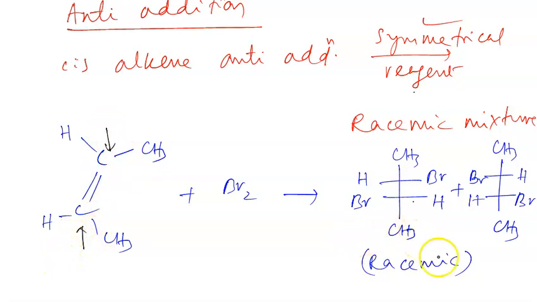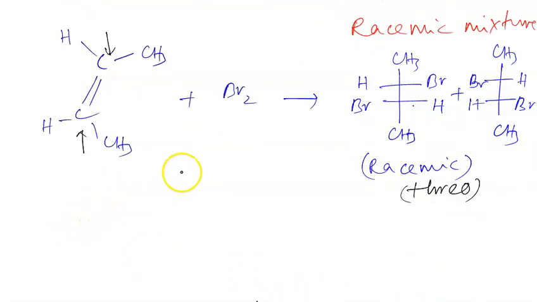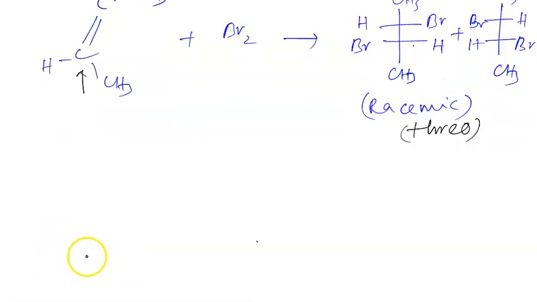So here this is also known as what? Threo isomer, because two hydrogen atoms are on the opposite side. Similarly, if an unsymmetrical molecule or reagent is getting attached, we can write here like HBr.